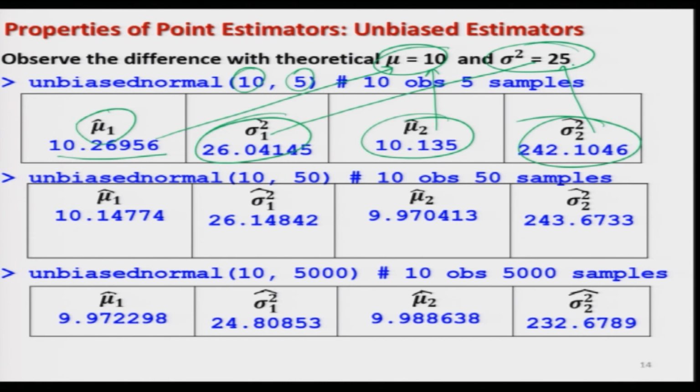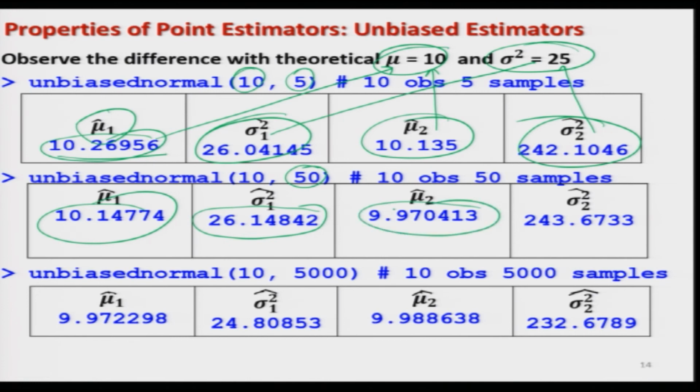If you repeat this with 50 samples instead of 5, the values of the mean, of sigma 1 square hat and of the median are not changing much, but sigma 2 square is still very different from the true value.